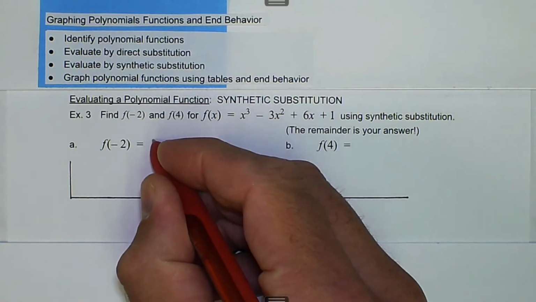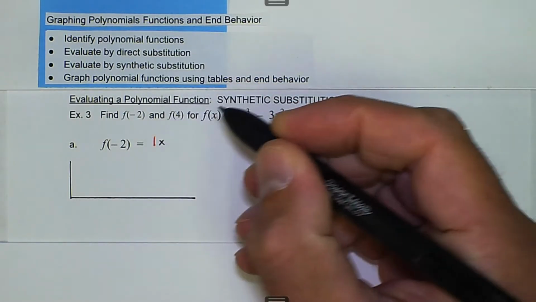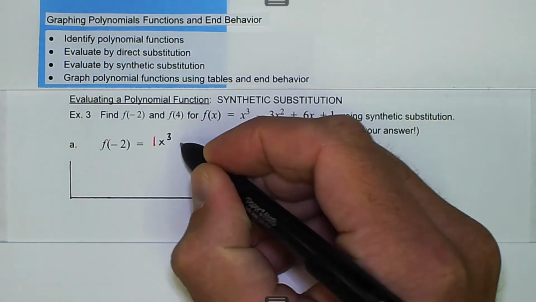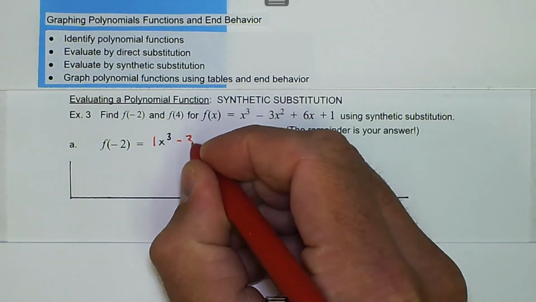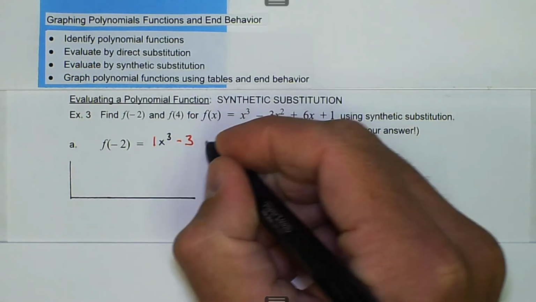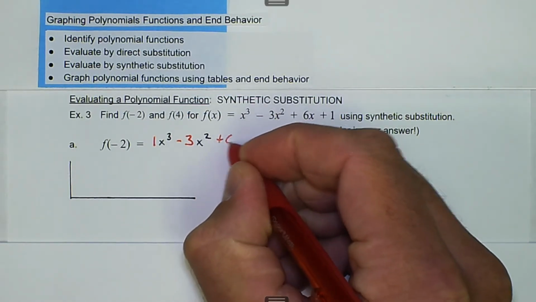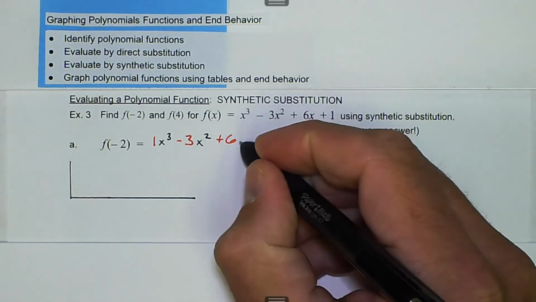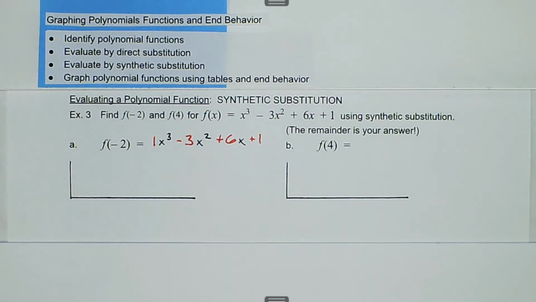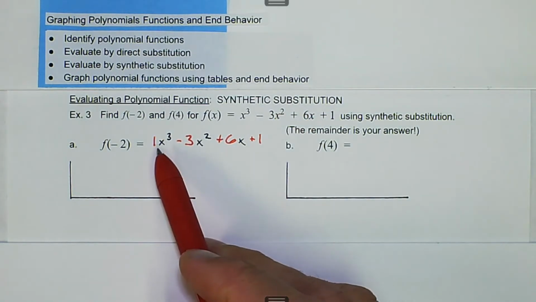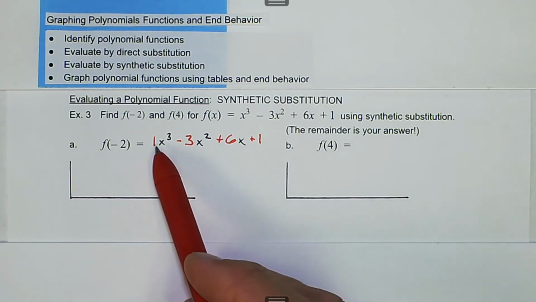So we have 1 x cubed, then a minus 3x squared, then a plus 6x, and then plus 1. The things in red are the coefficients that we're going to use for synthetic substitution.